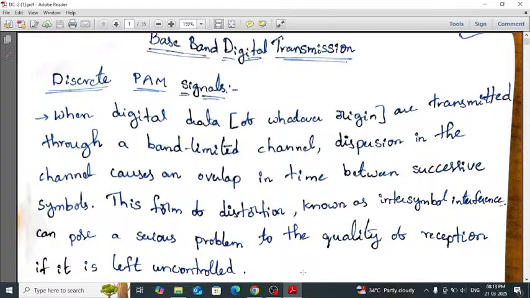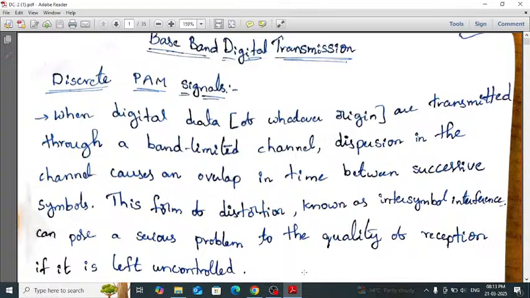So how many types of representation we have for the digital data? Even though they are in terms of zeros and ones, what is the representation we have to represent zeros and ones? And what is meant by inter-symbol interference? This is also very important. I think this is already covered in the previous units also.